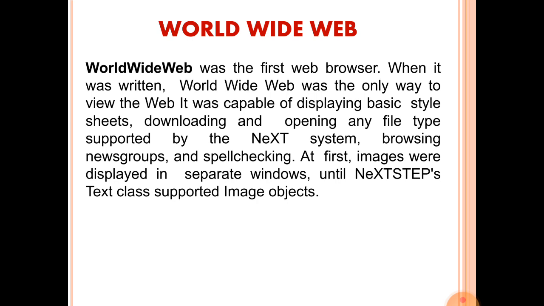Using the World Wide Web browser, the user can open simple style sheets, meaning simple documents and web pages, and spell checking is included. If you want to open any image, it opens in a different window, because a different page cannot be opened in the same page.